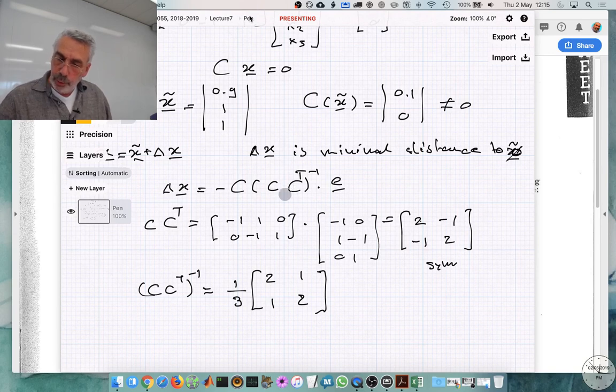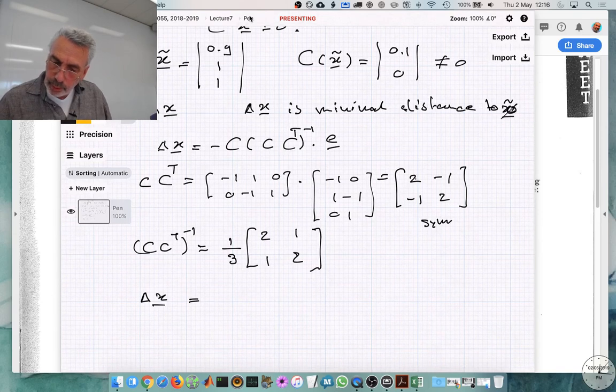Then what do we have to do? Times the error we have, and the error was apparently this one, and then a minus sign in front of them, and times C. So delta x is minus, and this should then also be the C transpose, right? Otherwise that won't work.